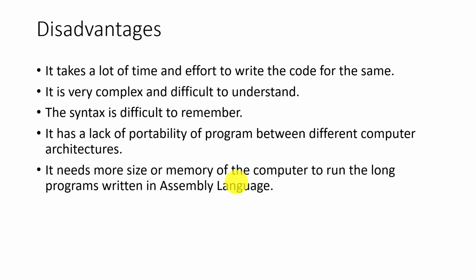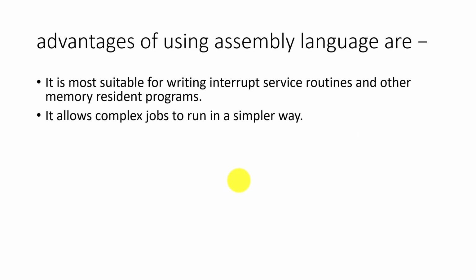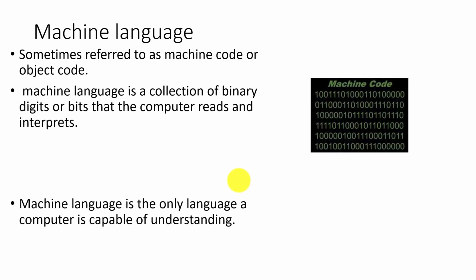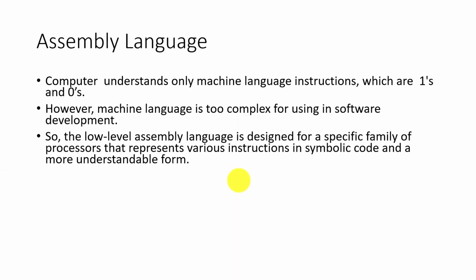So in this video today we discussed what assembly language is, and why we require it, because we know that machine language is in 0 and 1 form, and it's very complex to use for software development. So a specific family of processors represents instructions by using assembly language, that is, symbolic code, in a more understandable form.